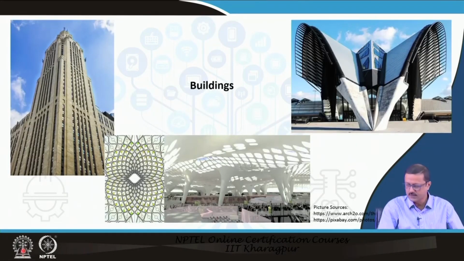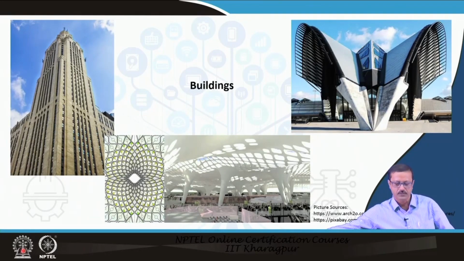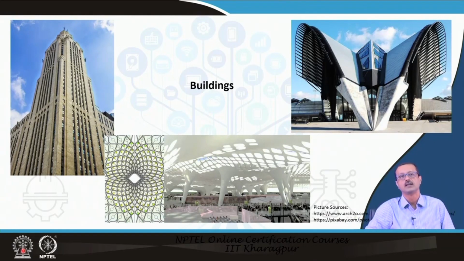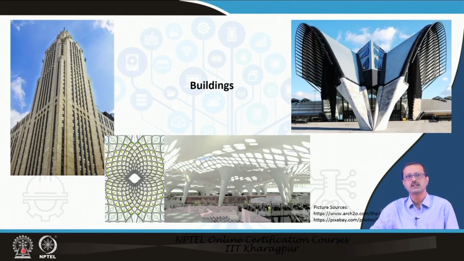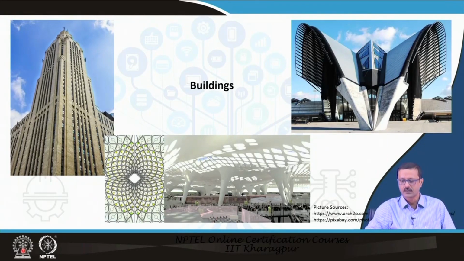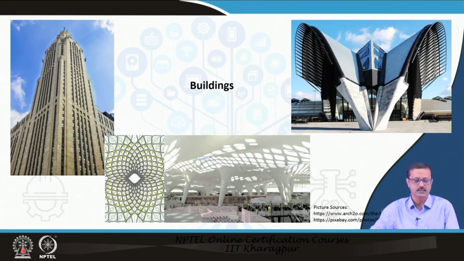Now, let us discuss some types of structures which are applicable to different types of systems or different types of objects. First of all is the building. Building is one of the key issues in our architecture. In buildings, there are three pictures. The first one, on the left side, is a tall building, which has different elements and different structural systems.